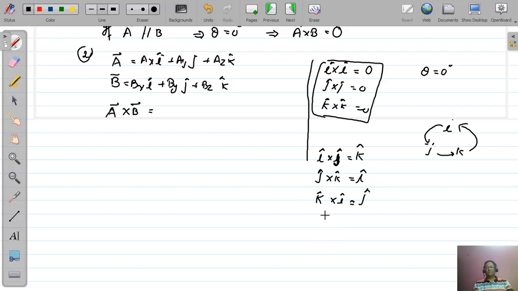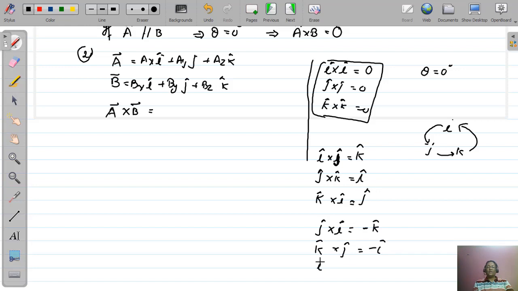For the other three results, we take the opposite. That means we are going j to i. If we go j to i, we are now moving in the clockwise direction, so the result will be minus k. Similarly, if we take the opposite, k cross j, it gives negative of i.